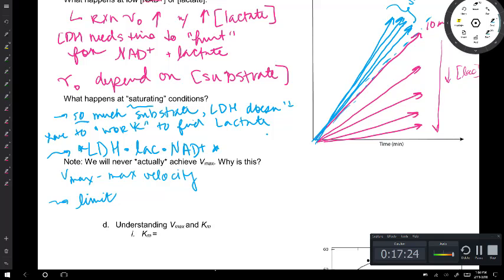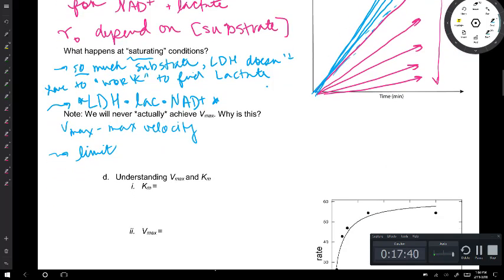And as a result, when you keep throwing in increasing substrate, the velocity isn't going to change. It's going to flatten off and start to approach its theoretical maximum limit, or the Vmax.